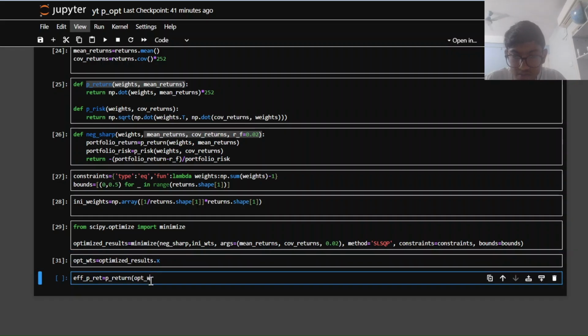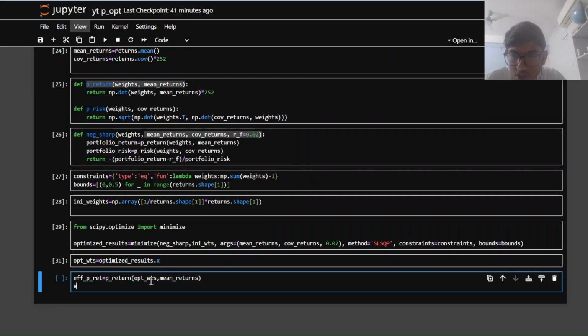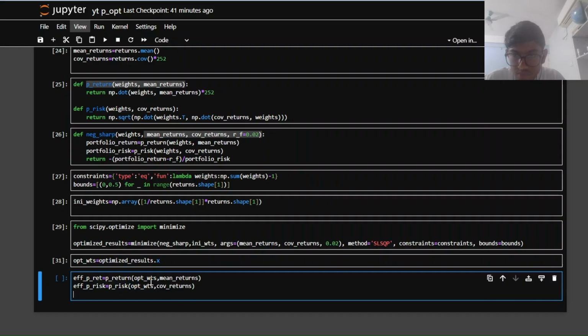So opt weights, and you have your mean returns with you, your efficient portfolio risk, P risk, you have your optimized weights and your covariance matrix with you, and finally we have our Sharpe ratio, right?